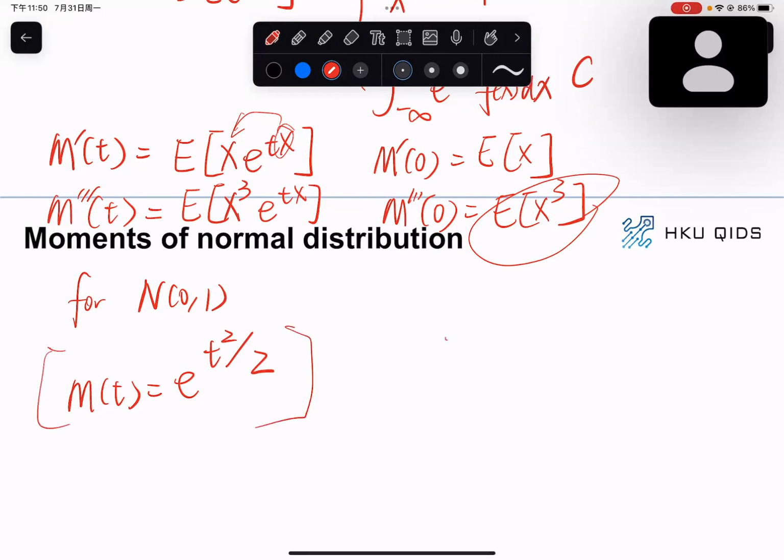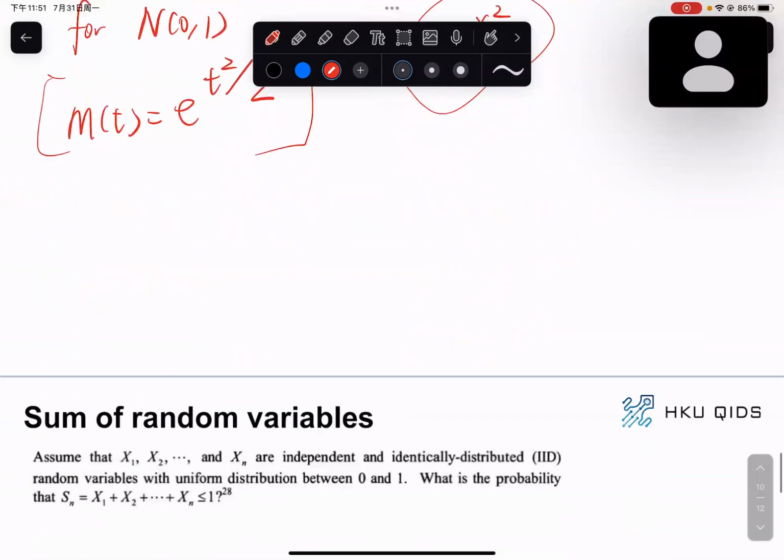Because sometimes we see this format, for example e^(X^2). One way to solve that kind of problem, and we are going to meet some of these in later chapters, is to consider it as a moment generating function and solve it using some properties of the normal distribution. That is a super smart way to solve certain questions. If you know that and show it to your interviewer, it is definitely going to give you some bonus marks. Okay. And now let's come to today's last question.